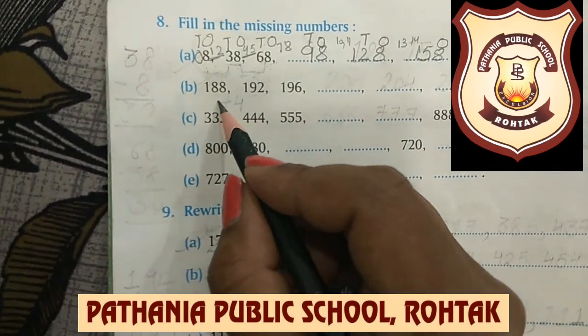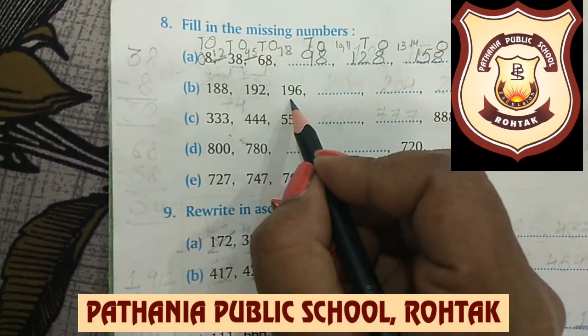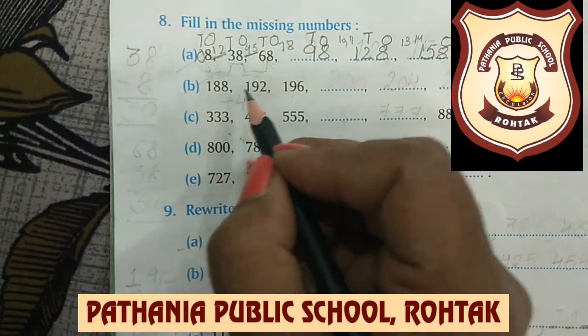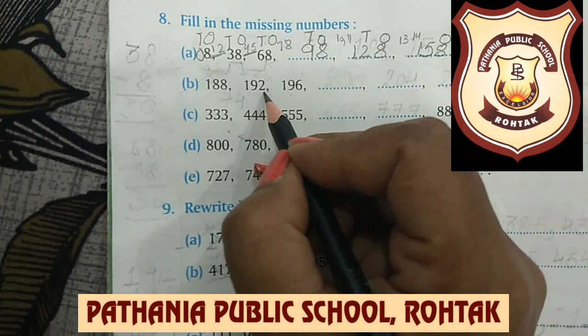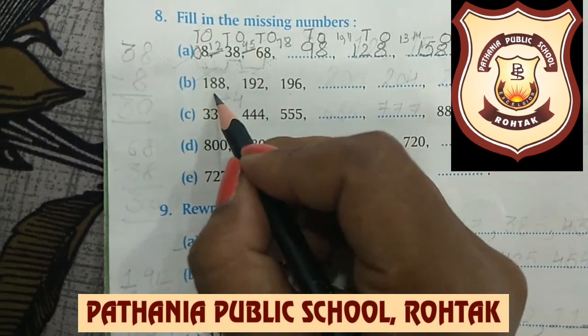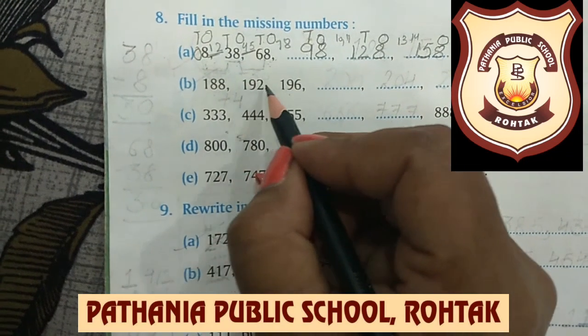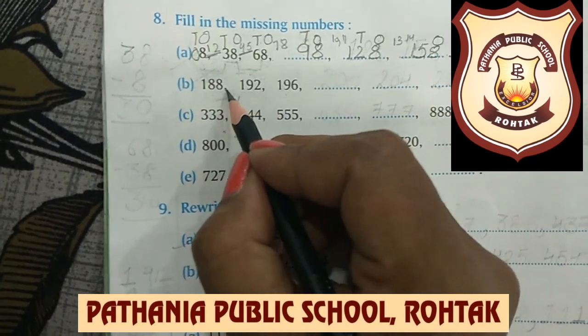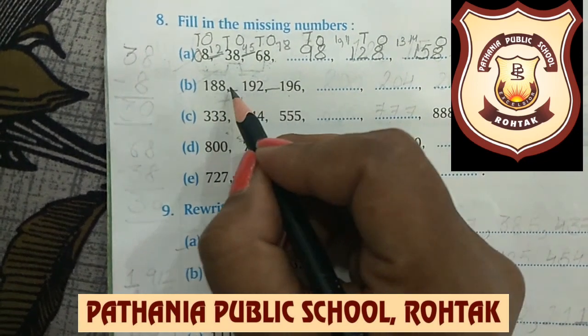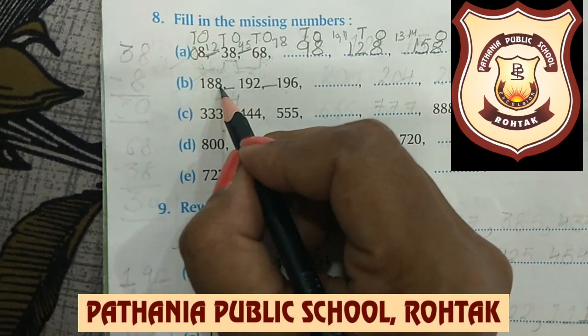Now in the second part, again we need to identify the hidden pattern. The first number is 188, the second number is 192 and the third number is 196. Now we need to identify how many numbers we have skipped between these two numbers and between these two numbers. By counting we can identify.